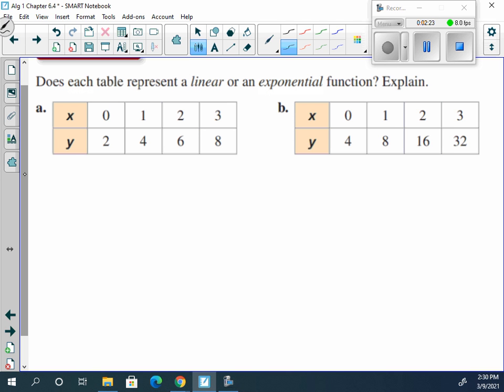So if we look at letter A, the difference between each of the x values, so the difference between 0 and 1 is what? One. What's the difference between 1 and 2? 2 and 3. Okay.